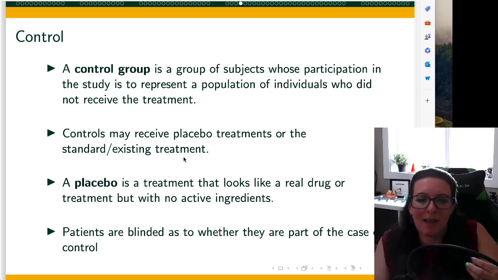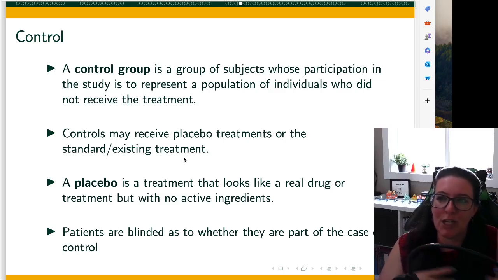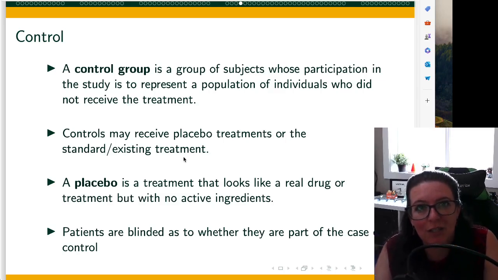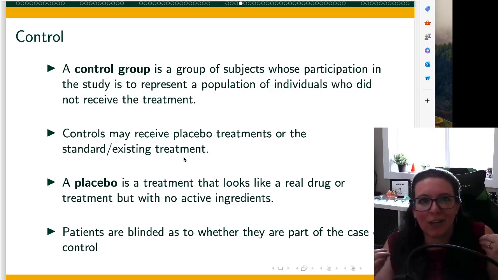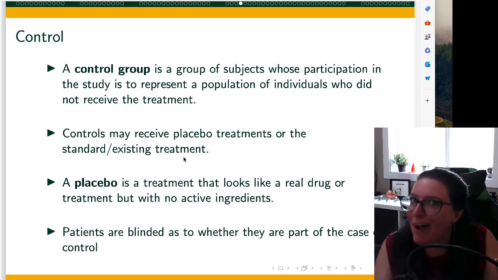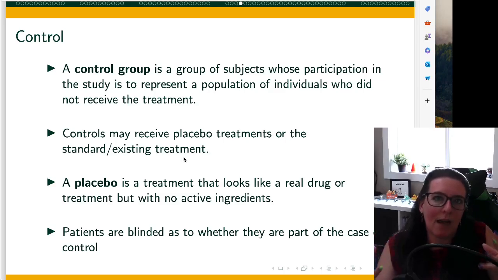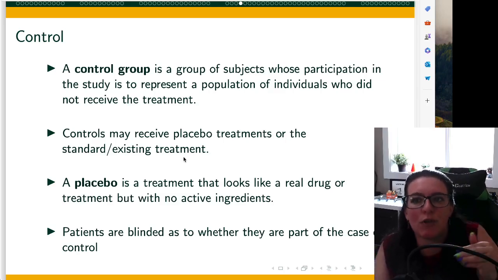If you simply gave one group an injection and you gave the other group no injection, then the people who feel like they're getting no treatment will change their behavior, their mindset will be different, and that could be a confounding variable that impacts the response. So we want everyone to feel like they're getting the treatment, so the only true difference is the treatment itself.